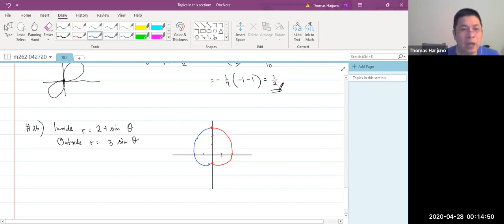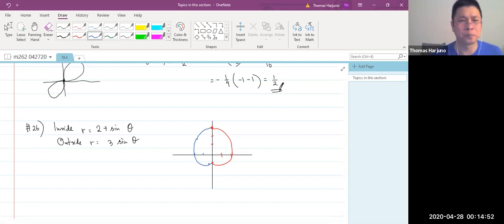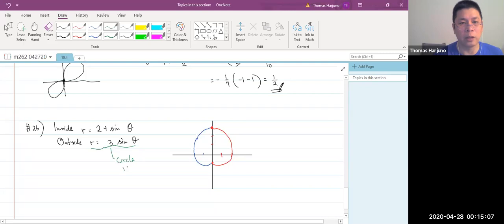Okay, and then outside of r equals 3 sine theta. Now, if you remember, this is the circle with diameter 3, centered at 0, 3 halves.